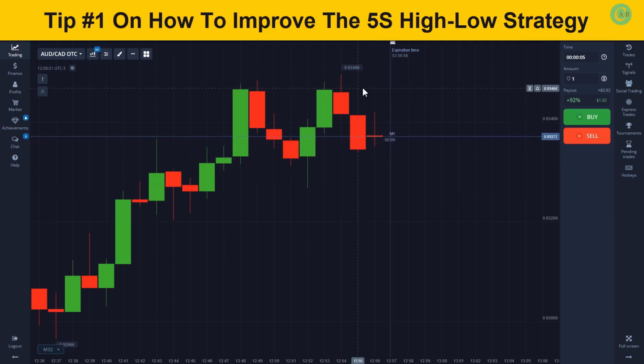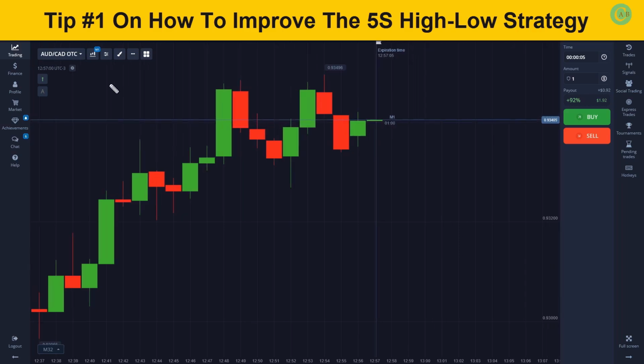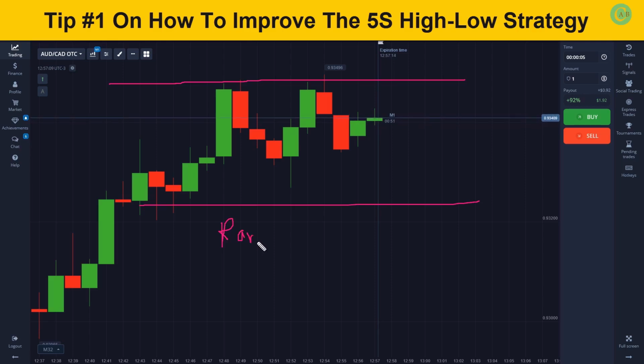So ranging market, which means when you see the price moving sideways, as you can see here, this is a range structure or range market. Once we spot this kind of structure, we're gonna consider to start our trading with the 5-second high-low strategy.